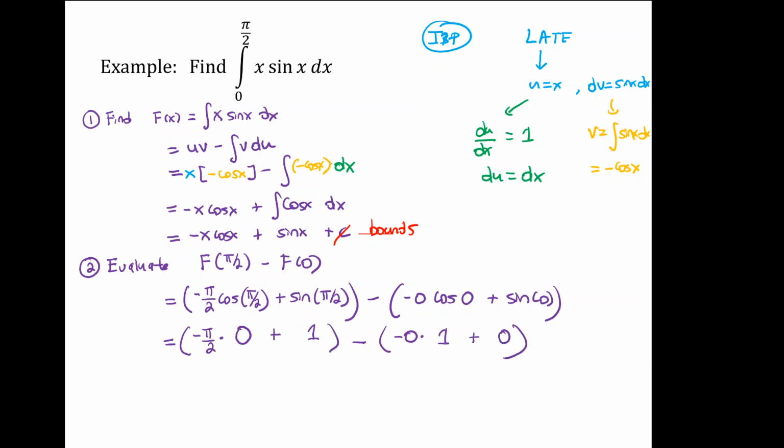So cos of 0 is 1, sine of 0 is 0, cos of pi over 2 is 0, sine of pi over 2 is 1. We can make sense of that from the CAST rule, or thinking about triangles being scrunched down. Whatever way you have, if you've decided to memorize those things or figure those things out. So 0 plus 1 minus 0. We get 1 as our answer.